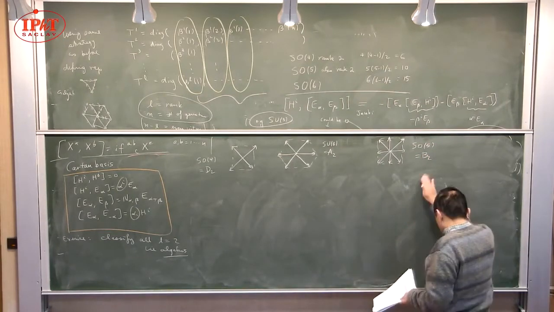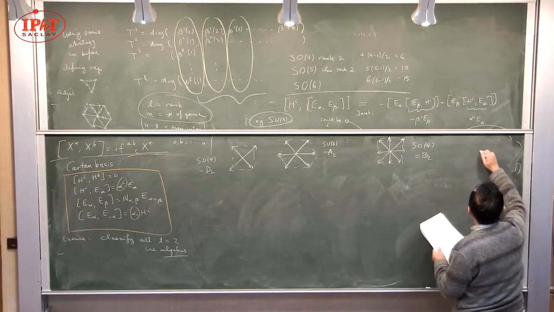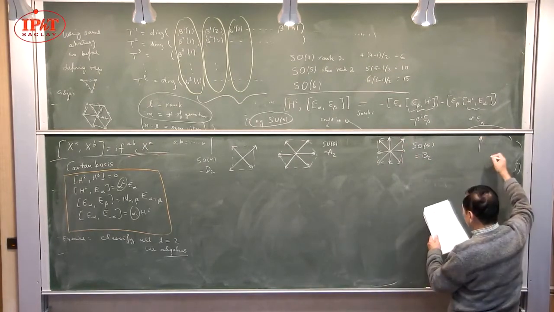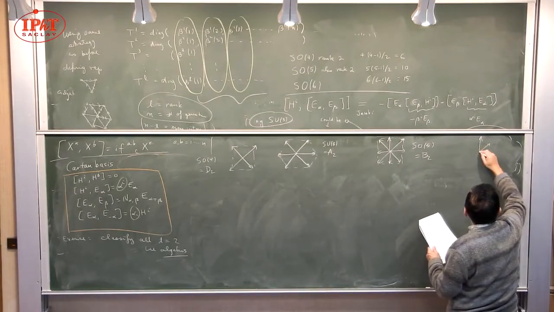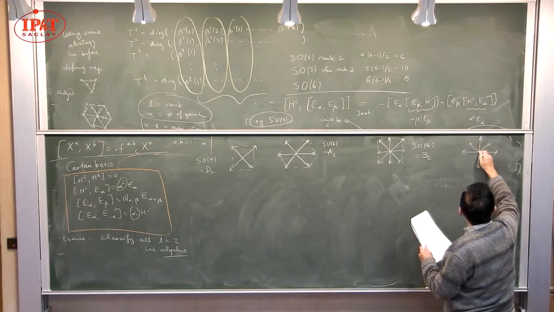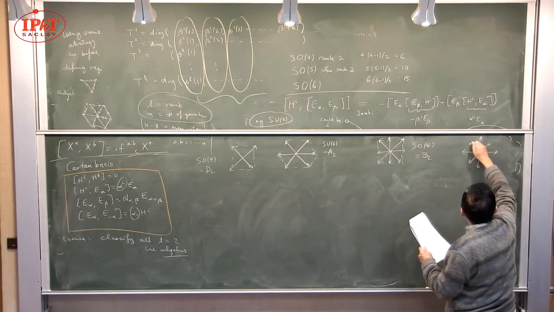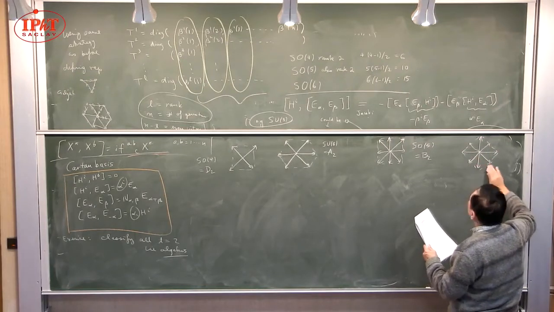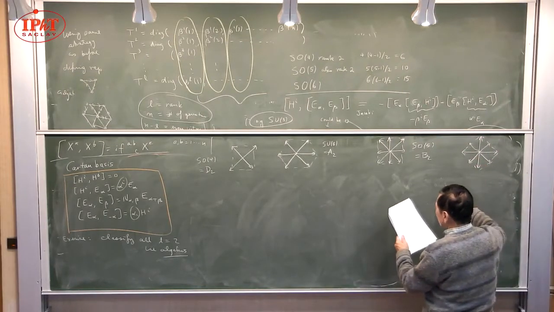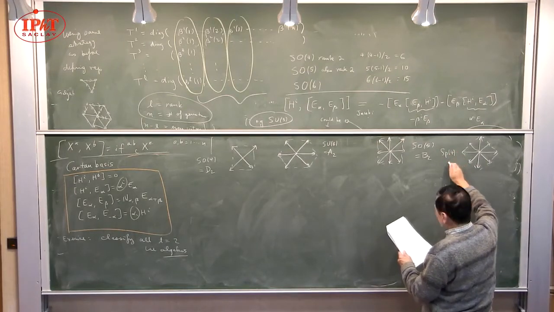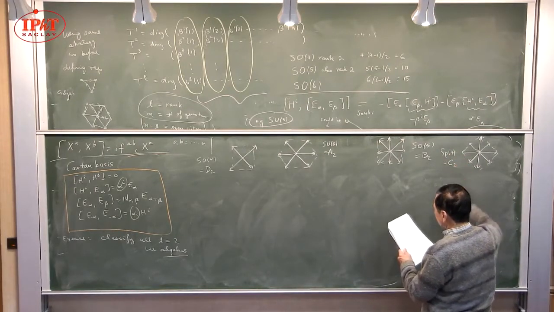And then there is this one. So this is the example that showed that roots can be different lengths. Then there's this one, which we discussed last time, the symplectic group, SP4, which mathematicians call C2.